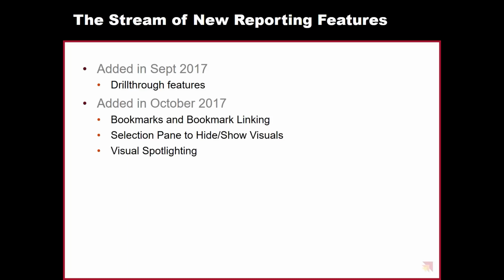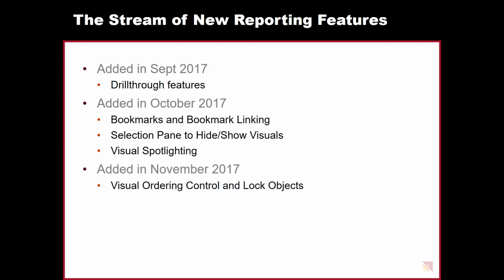And it was in October 2017 where Power BI Desktop and the service was updated with bookmarks and the ability to create different objects on a report to act as buttons so we can have bookmark linking. We also got the selection pane and gave us the ability to hide and show visuals on a report. And we got visual spotlighting. We're going to cover all that today.